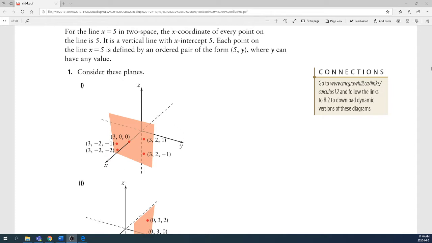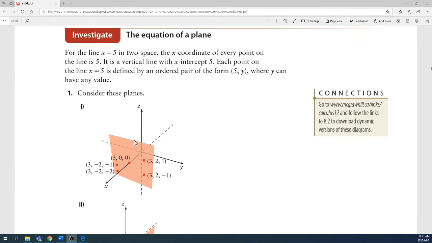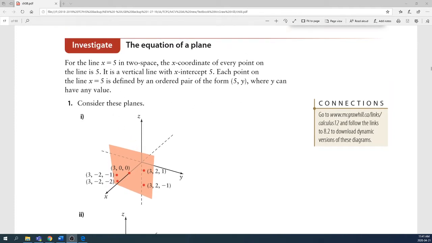In this first part I, what I notice is that all of the planes have the same x value, but the y and the z values are different. They all have the x value, x is equal to 3. Now, if you recall, and this is actually here in the blurb, this is pretty informative. If you have a line where x is equal to 5, you know that's a vertical line.